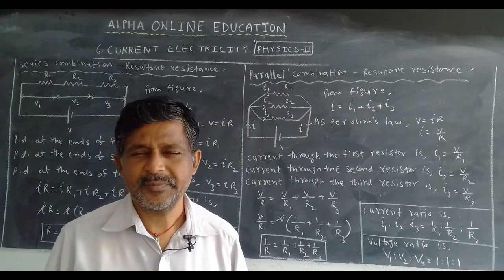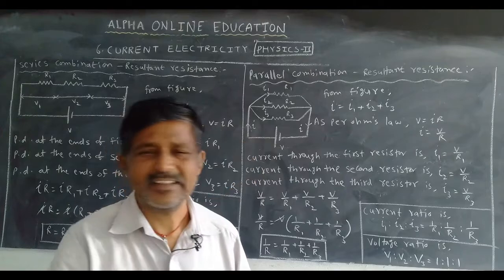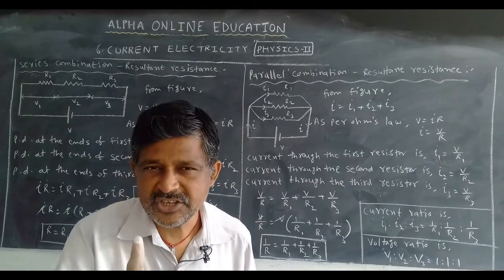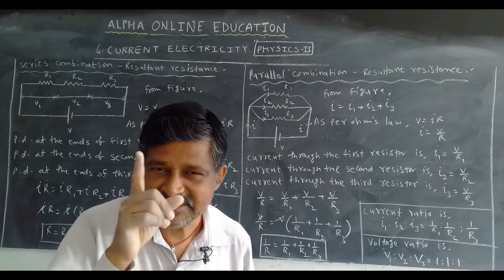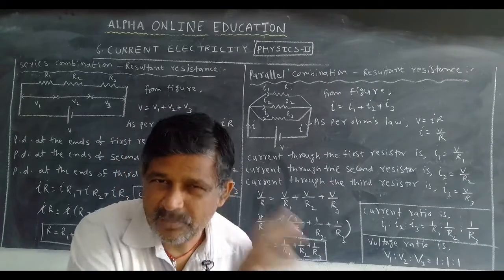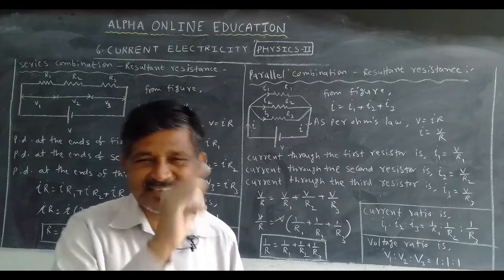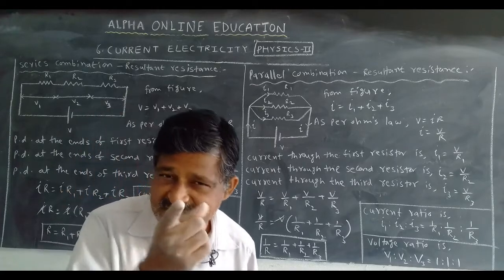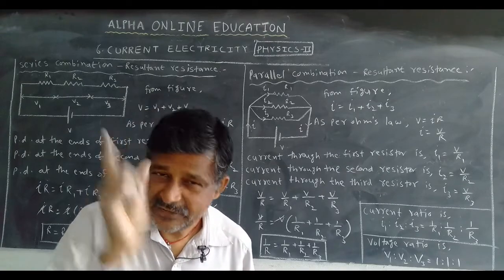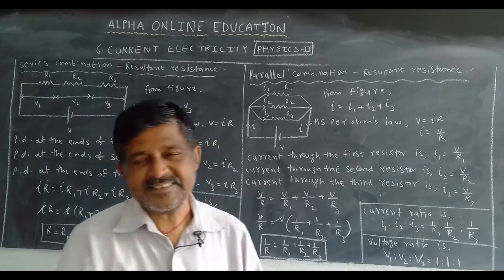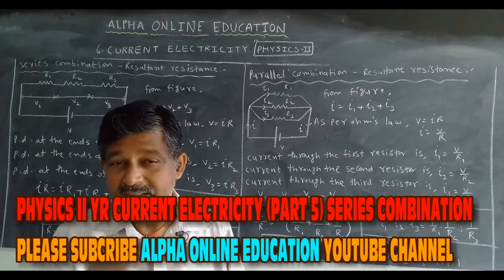These 2 topics are important, already studied in 10th class. In series combination, resistance increases. In parallel combination, resistance decreases. Both are opposite. In the series, voltage is different, current is same.